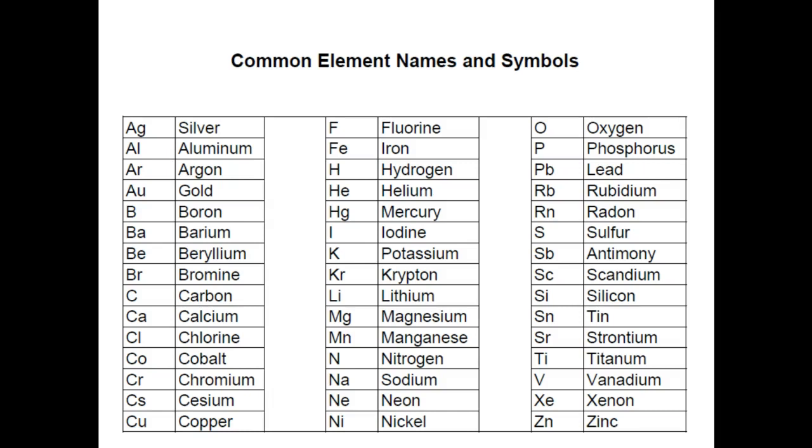Several metals that have been known since antiquity, like mercury and silver and gold and lead, etc. And then some other important elements like bromine and iodine and radon and xenon, and we'll get into why those are significant a little bit later in the course. But you will need to be able to correlate names with symbols for these 45 elements.